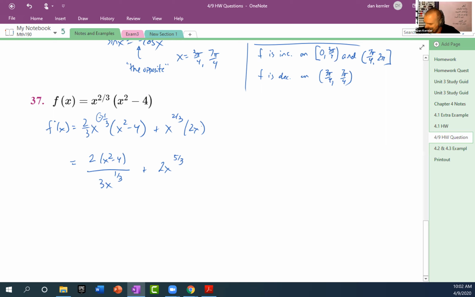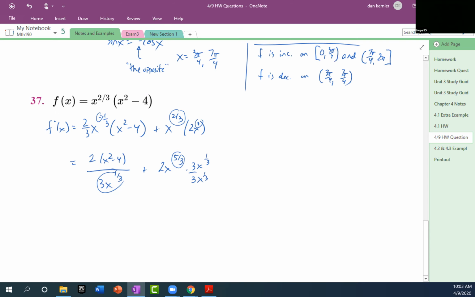And then for the other one, it would be x to the first, which is 3/3, plus 2/3 gets me 5/3. So now I want to get a common denominator. The denominator is 3x to the 1/3. So I need to multiply by 3 over 3, and then multiply by x to the 1/3 over x to the 1/3 as well.